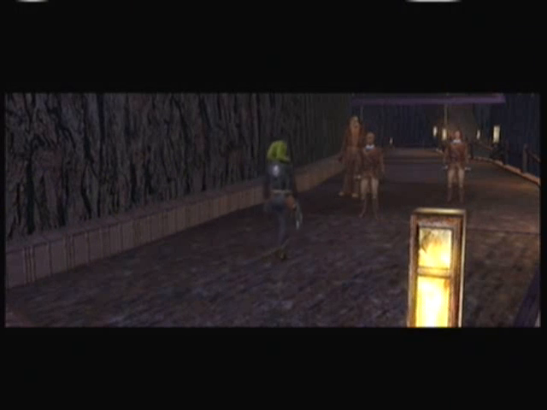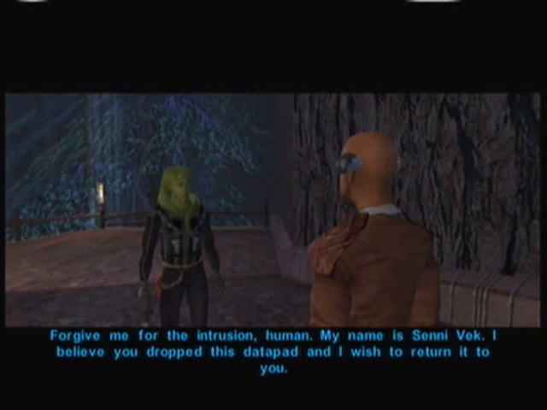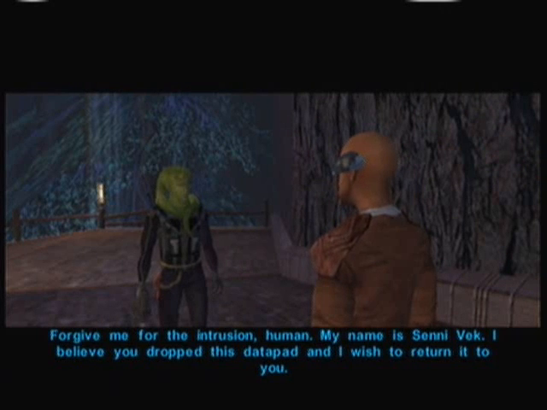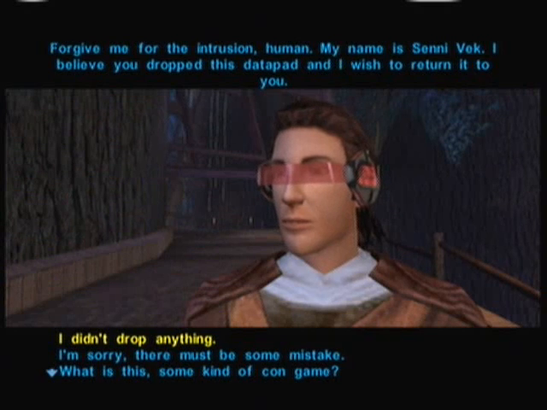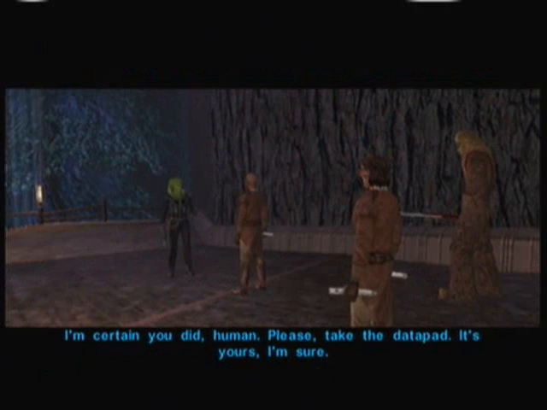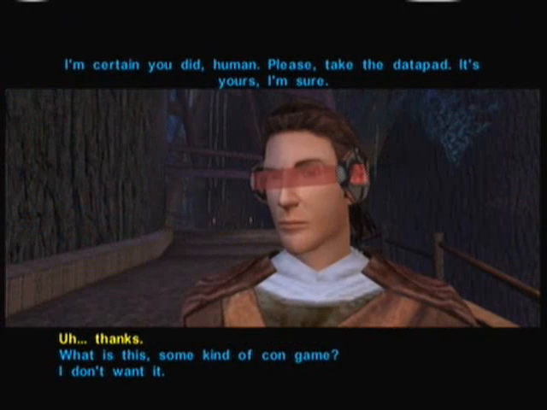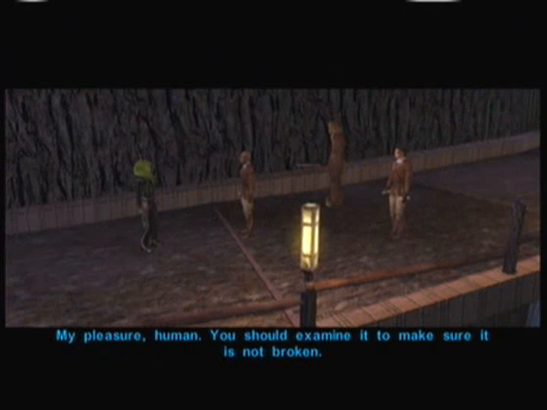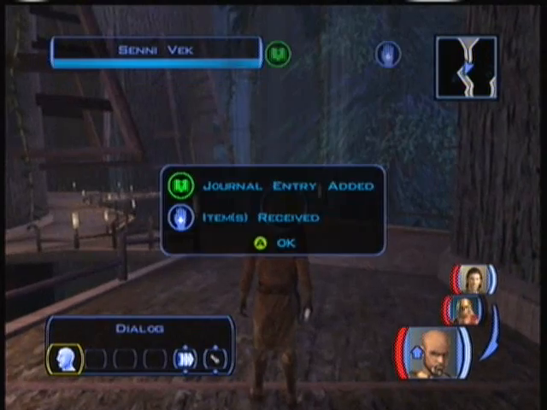Oh wait, no, never mind. This is something else. Forgive me for the intrusion here. My name is Shenvik. I believe you dropped this data pad. I wish to return it to you. I didn't drop anything. I'm certain you did, human. Please take the data pad. It's yours, I'm sure. Thanks. My pleasure, human. You should examine it to make sure it's not broken. Goodbye, human.